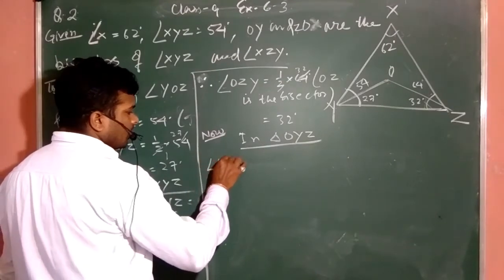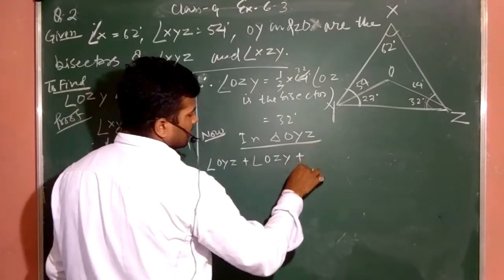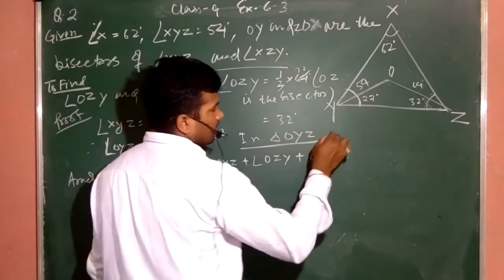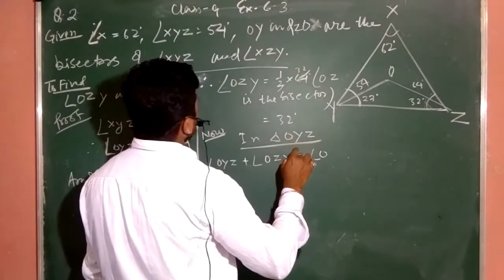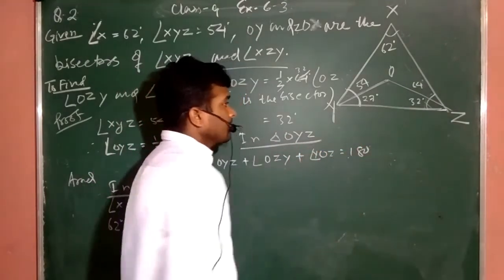Angle OYZ plus OZY plus angle YOZ is equal to 180.